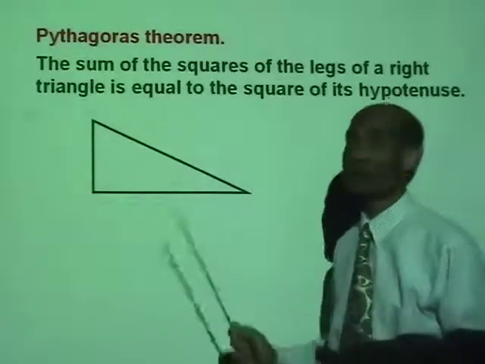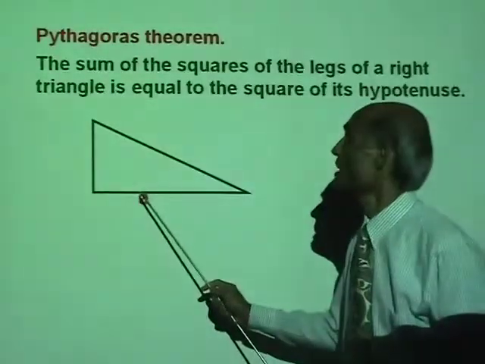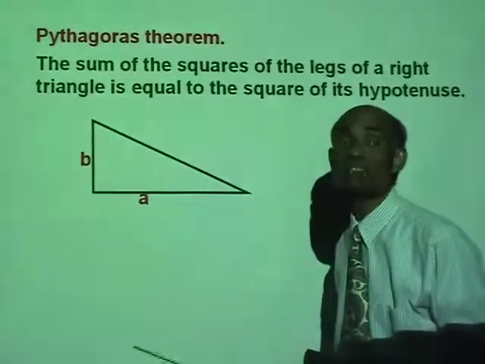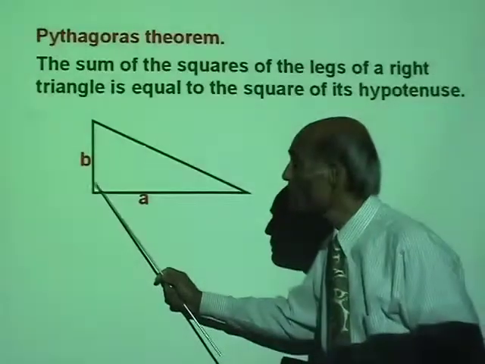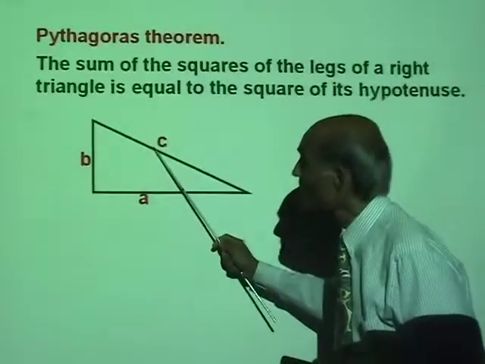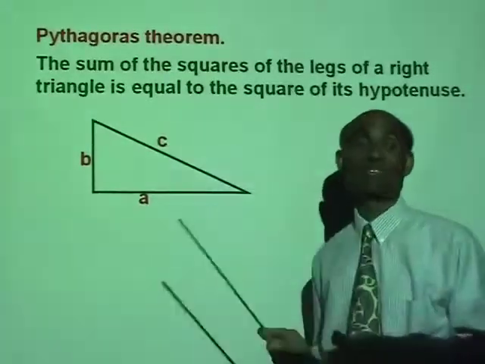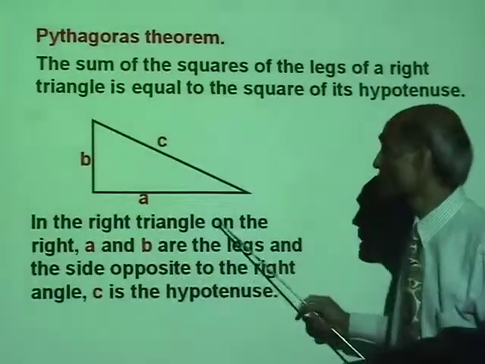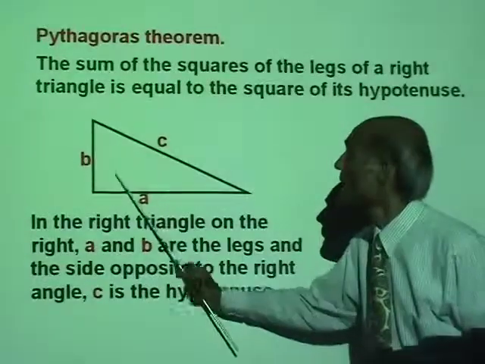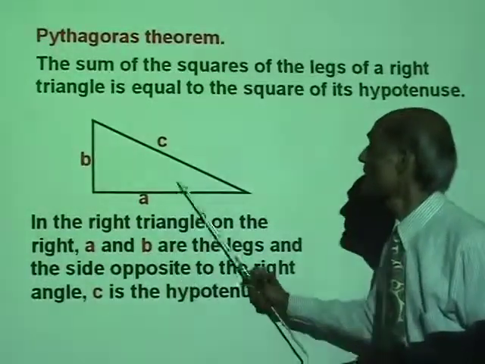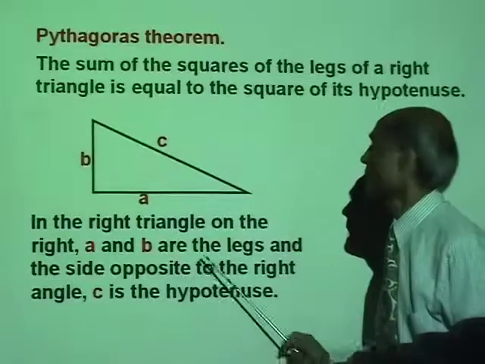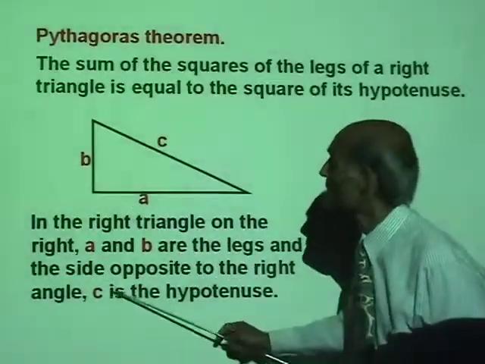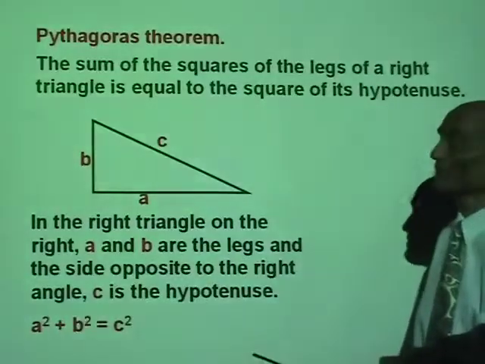Alright, here I have the right triangle. A is a leg, B is the second leg. This is the right triangle, so the side opposite to that is C, the hypotenuse. In the right triangle here, A and B are the legs, and the side opposite to the right angle, C, is the hypotenuse.